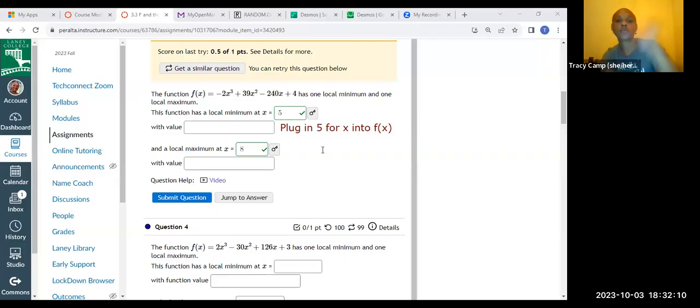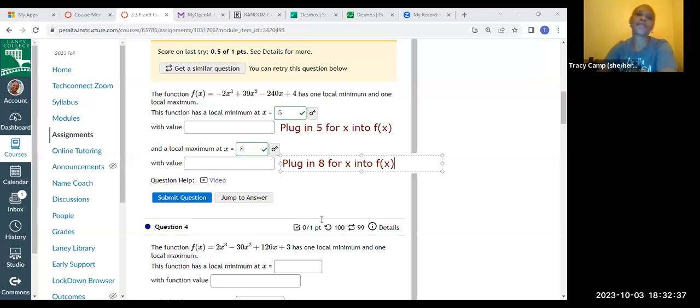They want to know what the y value is. They want to know, how low did it go? And then for the 8, they want you to plug in 8 for x into the original function. They want to know what's the y value, like how high did this maximum go?